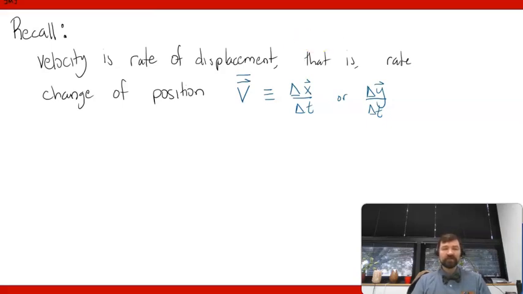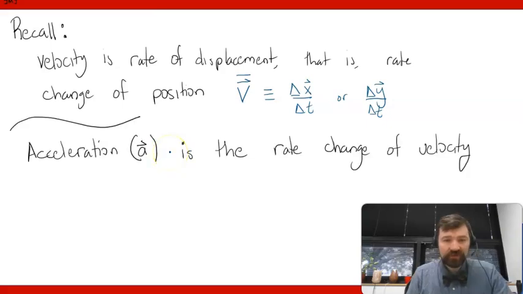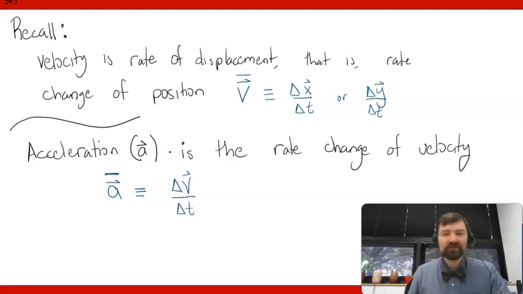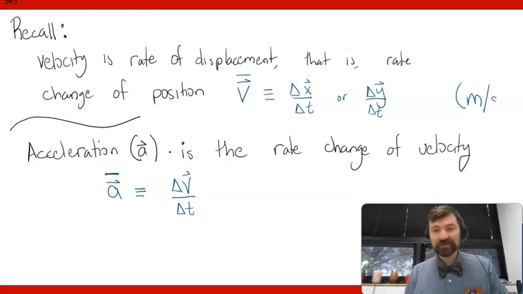Well, acceleration is defined as the rate of change of velocity. That means that if we want the average acceleration, the vector for average acceleration is defined by delta v, the change in velocity, over delta t, change in velocity per unit time. Now notice that the change of something is not the same thing as that something. These, for example, have different units. Velocity is given in meters per second.